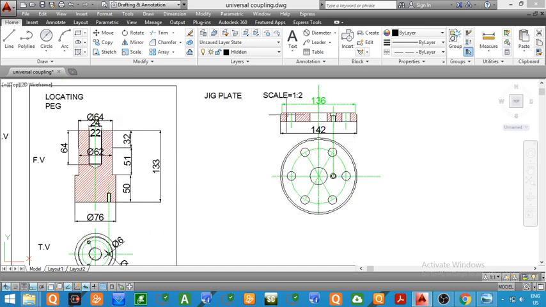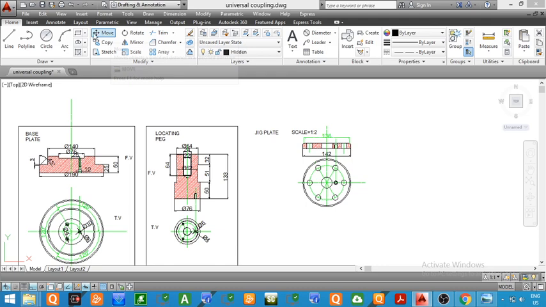So you can see we have completed the sectional front view and top view of the third part, that is the jig plate. So this was the front view and top view of the jig plate.